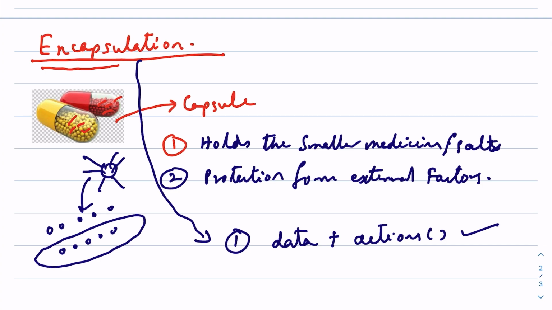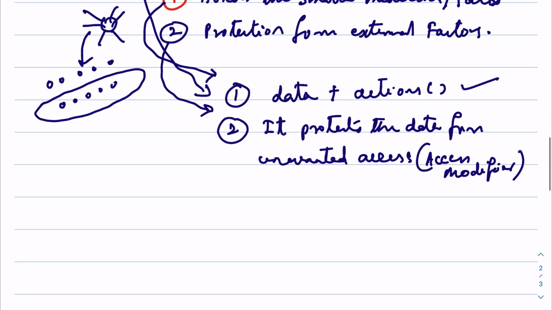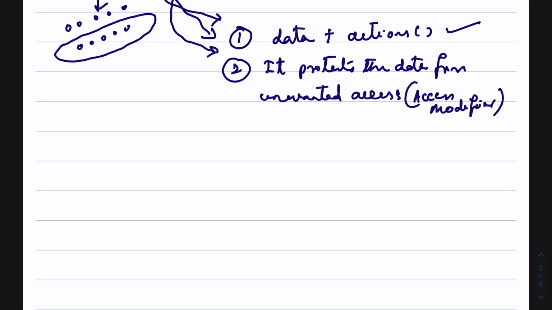And the second point, if you take the example from the second point discussed above, is that it protects the data from unwanted access. And how do we achieve this? There is something called access modifiers, by which we achieve this.